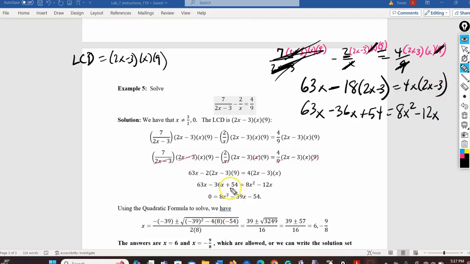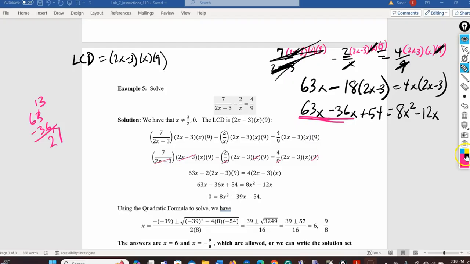Okay, now I can solve a quadratic if it's equal to 0. So everything over here needs to go on the other side eventually. I can put those together. 63 minus 36.